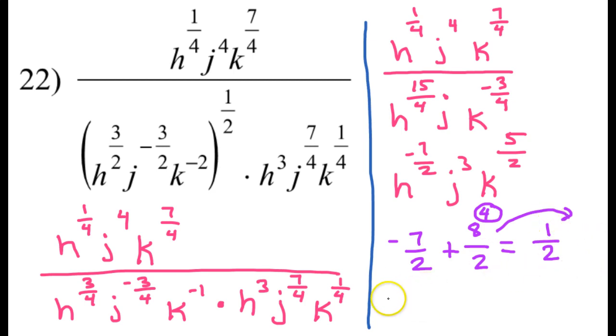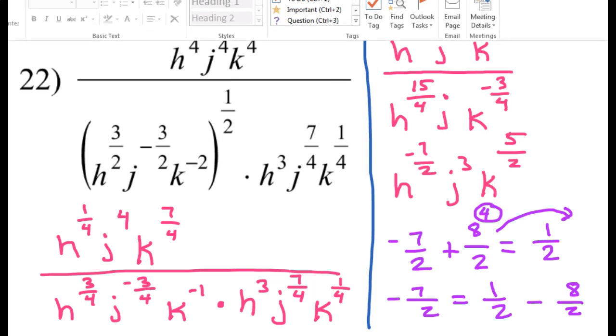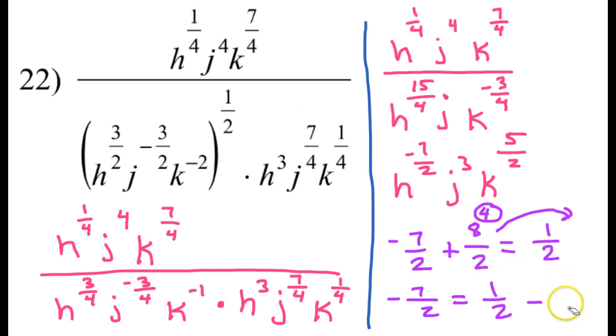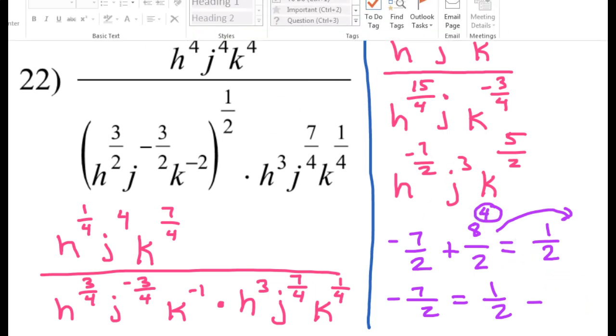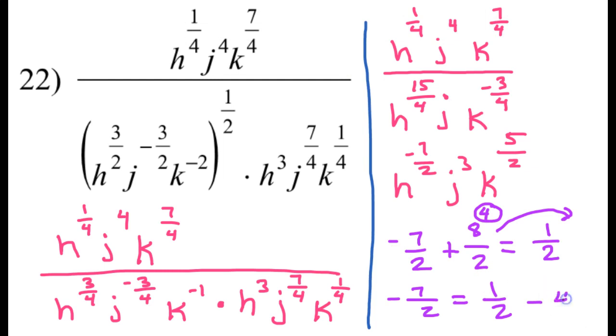So that's going to give you negative 7 over 2 is equal to 1/2 minus 8 over 2. Okay, but 8 over 2 is 4. Never forget that. So this is really 1/2 minus 4. And this is the fact that we will use to rewrite the h factor.